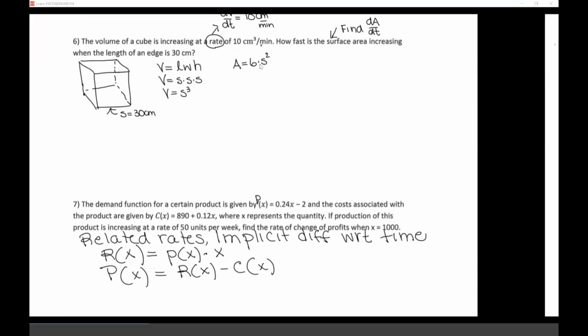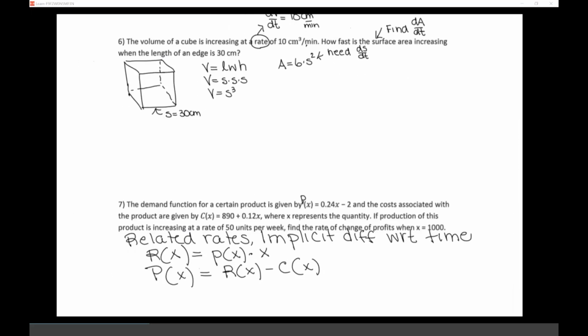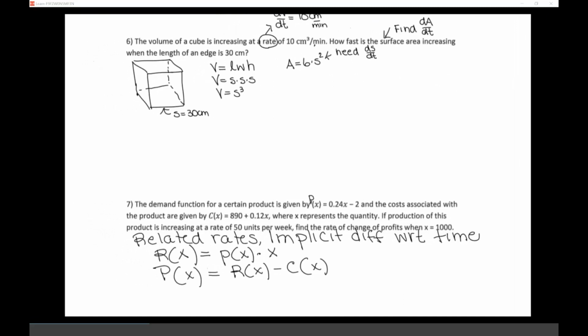So I need ds dt. If you take a look at all of this over here with the volume, I probably can get ds dt from that situation. So I'm going to start by differentiating volume first.